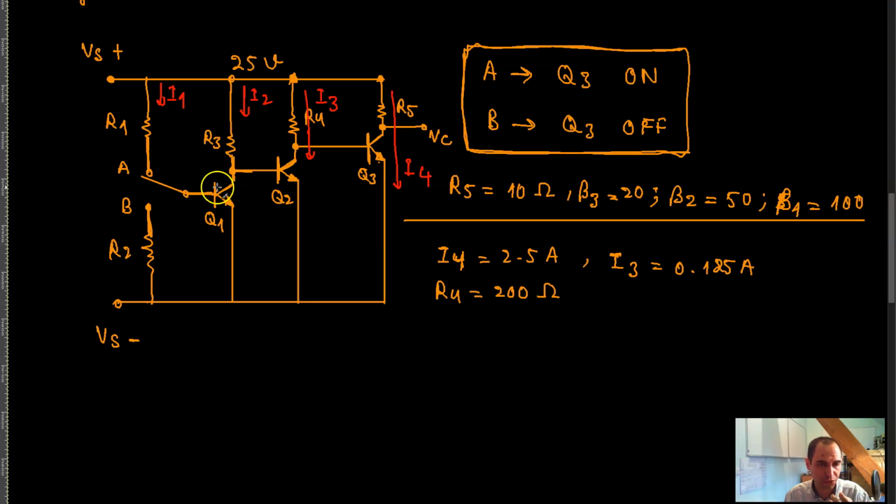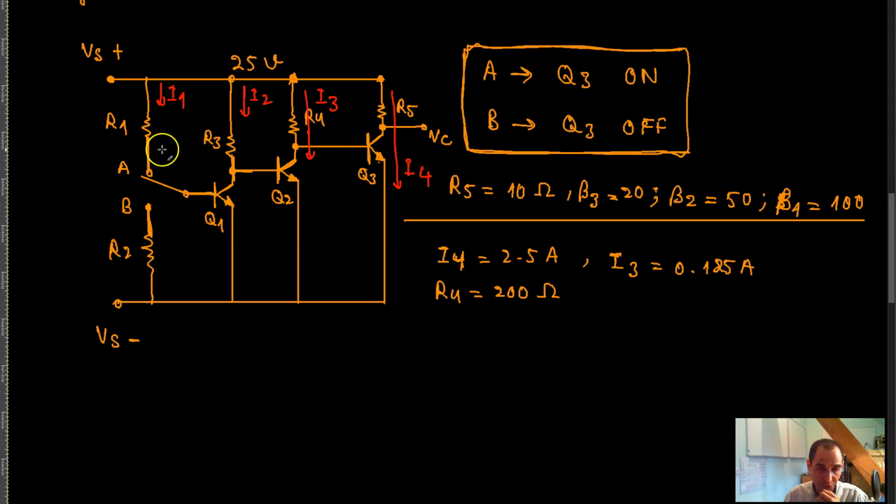Again, the same thing for Q1 and so on. Okay, so now we have decided that R4 is supposed to be 200 ohm, and of course we cannot change it, otherwise the rest of the circuit is going to be disturbed.